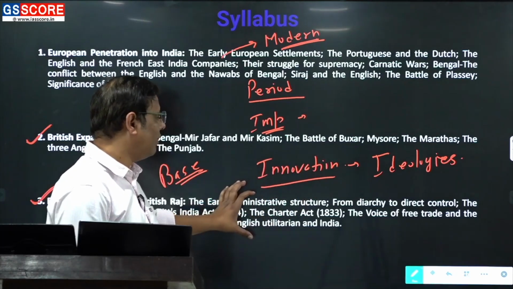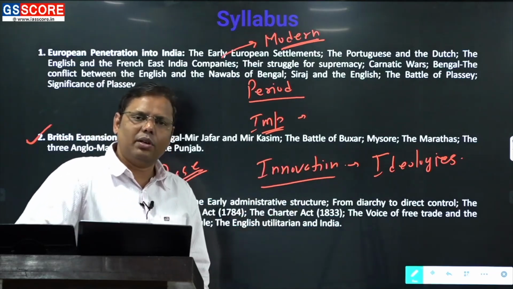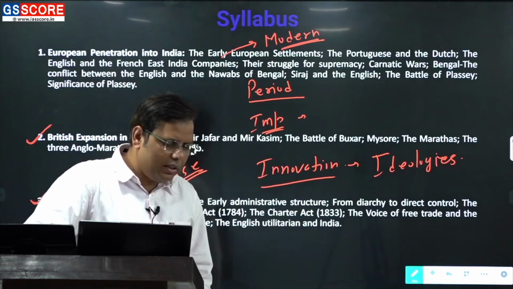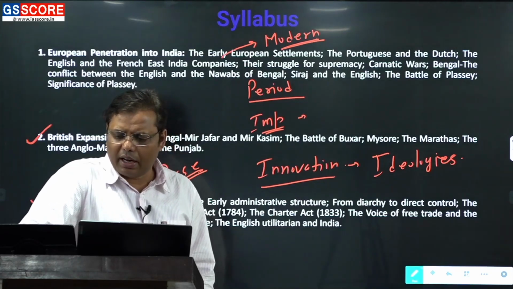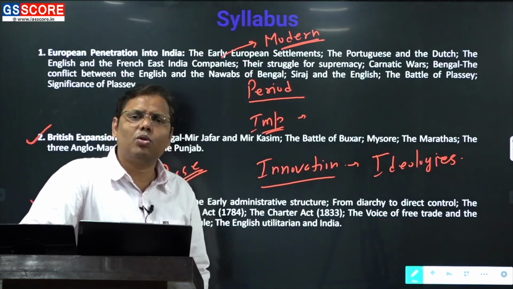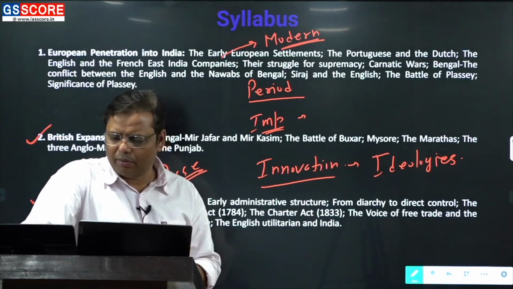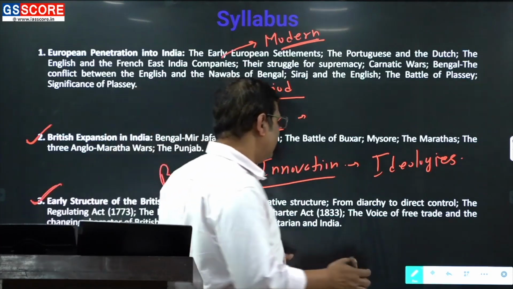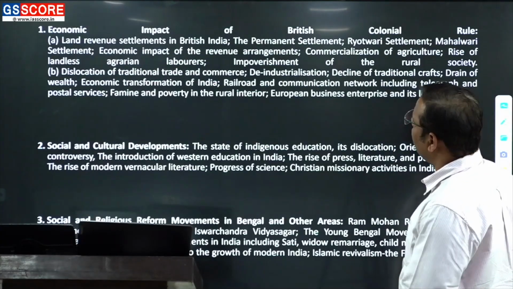So here, you have to understand it with respect to ideologies. And if you see the nature of the questions asked in the last 4 or 5 years, frankly speaking, this is what I have realized, that they are asking the questions more on the basis of ideologies, rather than very factual kind of questions, right? So these are a couple of things that you have to keep in mind in the first 3 units. Let's move to the next one.